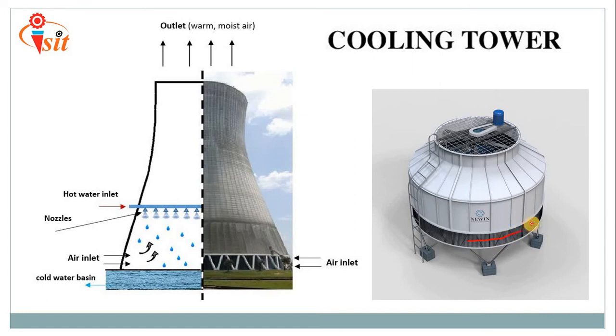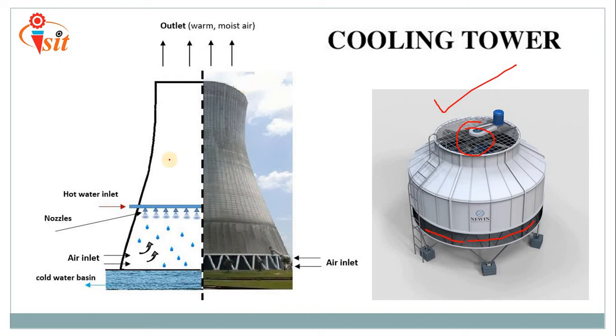This is the area through which air continuously comes inside and the water gets cooled. Another one is the forced type, where fans are generally used to remove the moisture or heat present inside and throw the air outside. This is the induced type, the recently and mostly used advanced type of cooling tower, and this is the natural type of cooling tower.